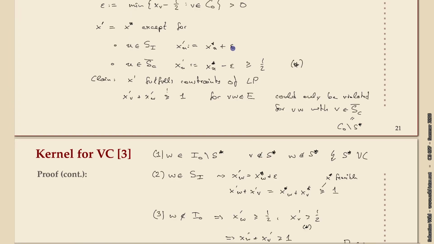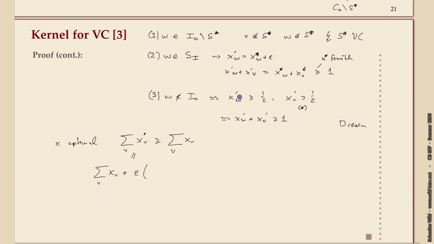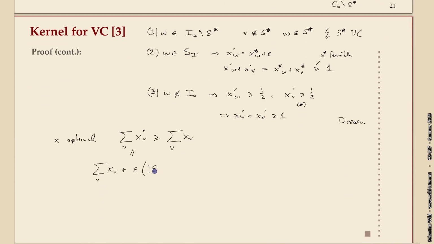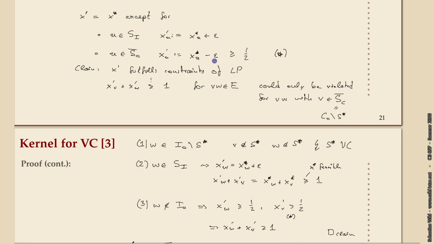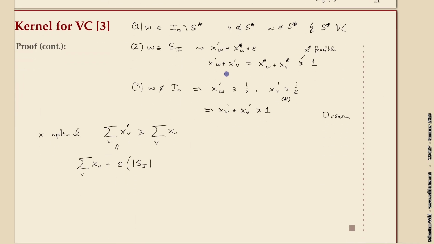Well, we add epsilon for every vertex in S_i. And we subtract epsilon for every vertex in S_C bar. And epsilon was greater than 0, right? So if you take this chain of inequalities together, it means that this difference must be at least 0.